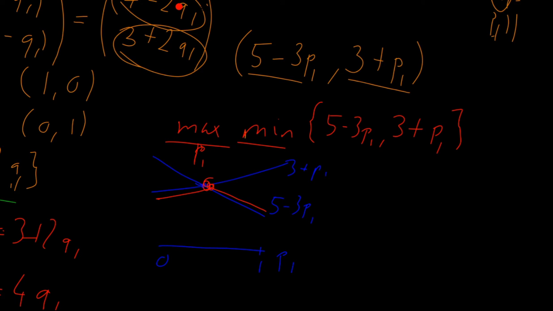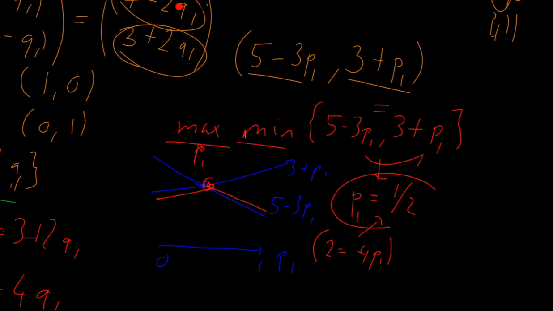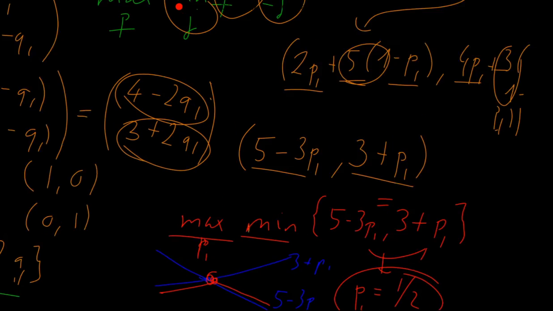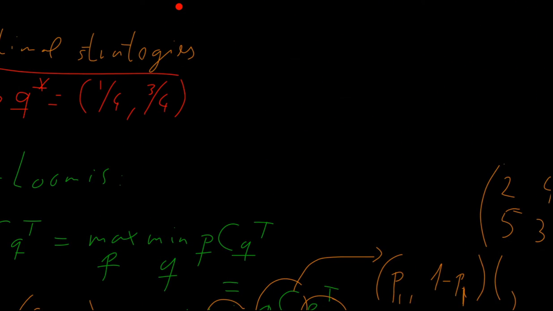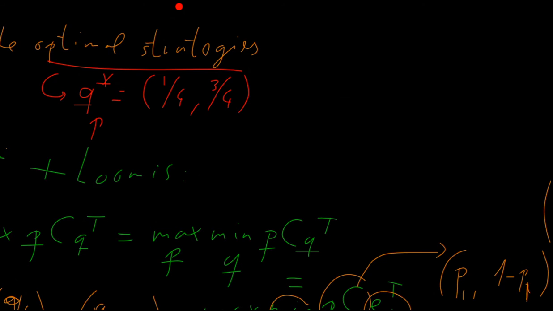So again, I just have to make these two things equal, which means that P1 equals 1/2. Because, if you wonder how this came out, adding 3 P1s and subtracting 3 gives 2 equals 4 P1. Which means that the optimal strategy for player A is just to choose 1/2 and 1/2.